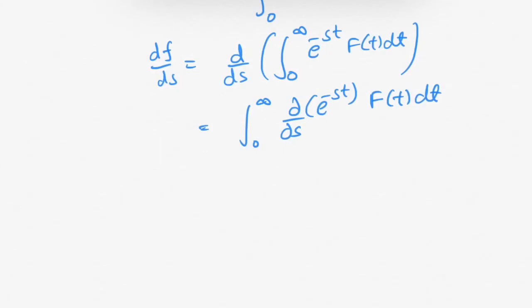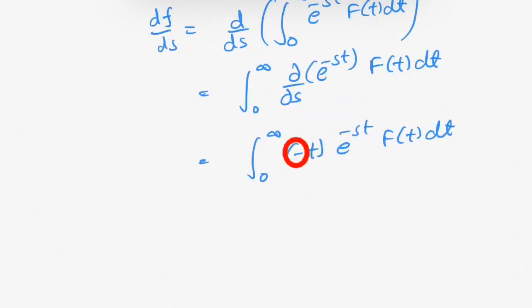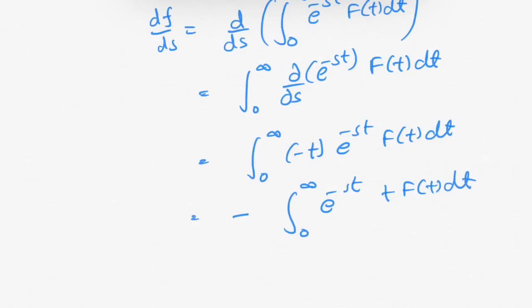On differentiating, we get the integral from 0 to infinity of -t e^(-st) f(t) dt. Taking this minus sign outside the integration, we have minus the integral from 0 to infinity of e^(-st) t f(t) dt.